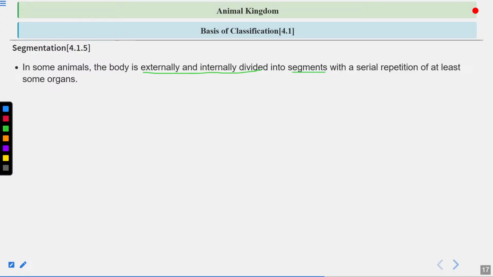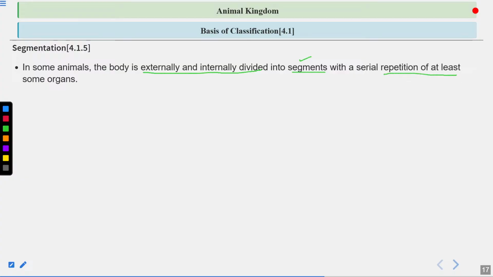But when you cut the organism and look from inside, they are having the segmentation demarcation from inside also. From outside and inside, both sides, you can see there is a segmentation line. And in each segment, what you see?